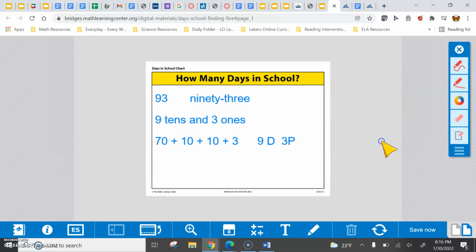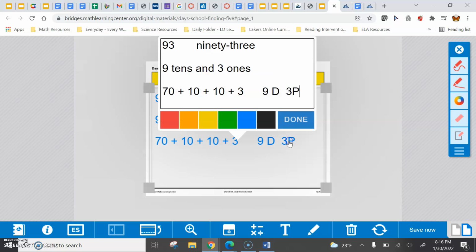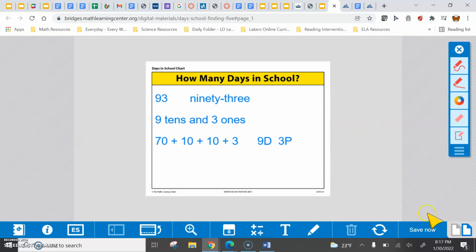We have now said that 93 days in school, the number word 93, 9 groups of 10, and 3 ones. We have 70 plus 10, which is 80, plus 10 more, which is 90, plus 3 makes 93. We have 9 dimes and 3 pennies to help us get that 93.